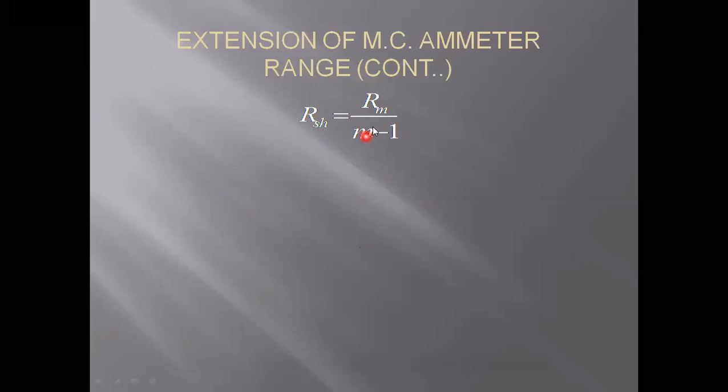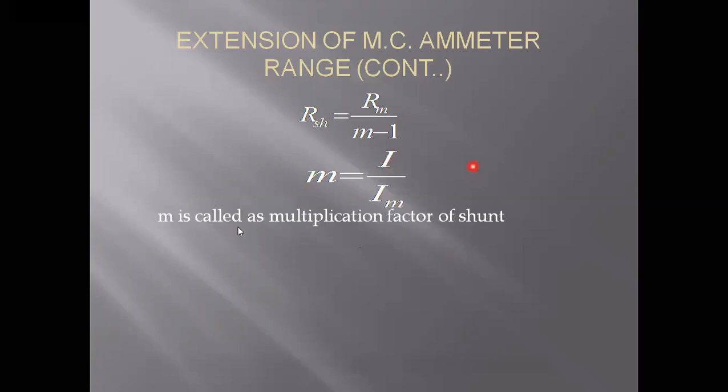So here, instead of I by IM, I am replacing it with a variable M. So I'll get RSH is equals to RM by M minus 1. Here, M is called the multiplication factor of shunt. So how did we get M? It is I by IM. What is I? I is current flowing through the load which you want to measure.